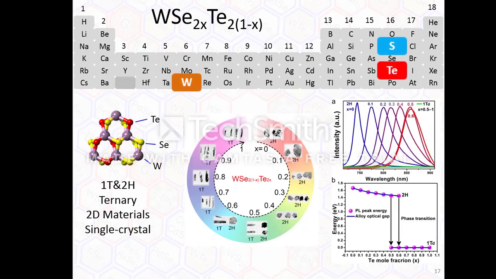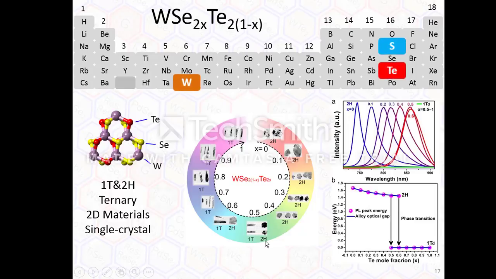All right. So in addition to these binary tellurides, we also produce a ternary telluride. This is tellurium-doped tungsten diselenide. It sounds complicated, but this is interesting. Why is it interesting? WSe2 is 2H. WTe2 is 1T. If we mix them together, what will happen? So look at this circle.